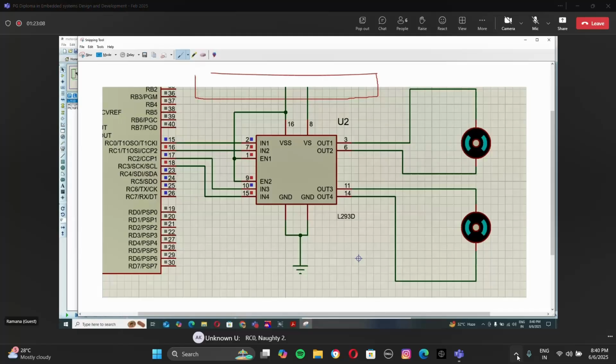So this is the register. Okay. So this is a C port.